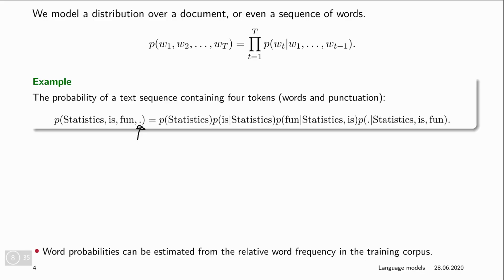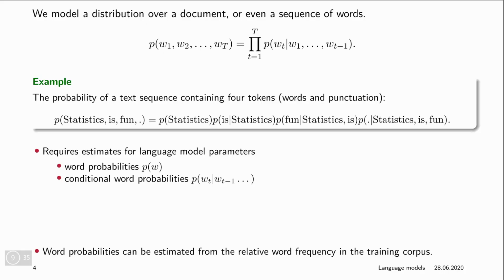For example, for the sentence "statistics is fun", we would consider the full stop also as a word. We would start with the marginal distribution of having statistics at the beginning of a sentence, then "is" following statistics, so the conditional distribution of "is", conditioned on the word statistics before, times the probability of "fun" given "statistics" and "is", times the probability of a dot ending the sentence after "statistics is fun".